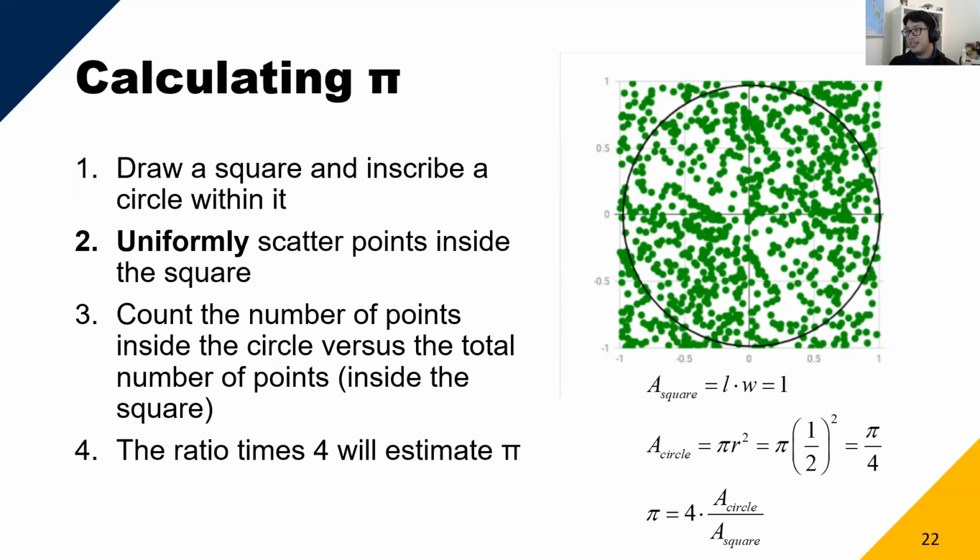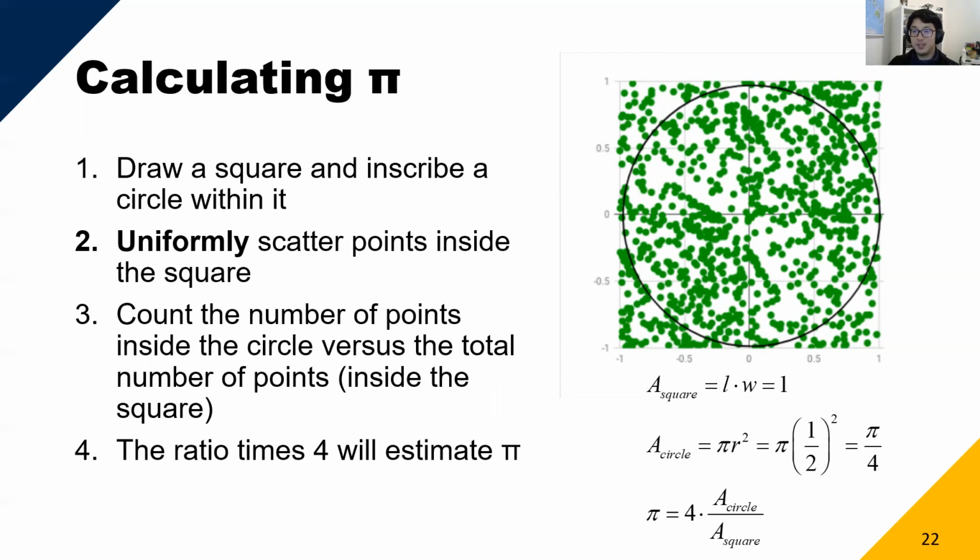Let's say you're stranded on an island by yourself, you need some way to pass the time, and you want to be able to calculate the value of pi accurately. One way you could do this is to draw a circle inscribed within a square in the sand, and then grab some coconuts or rocks and huck them into the square.